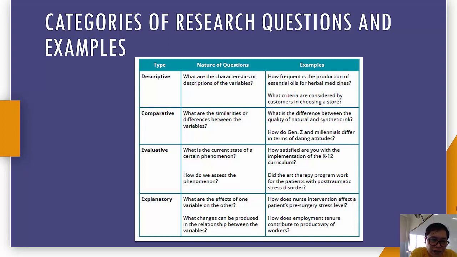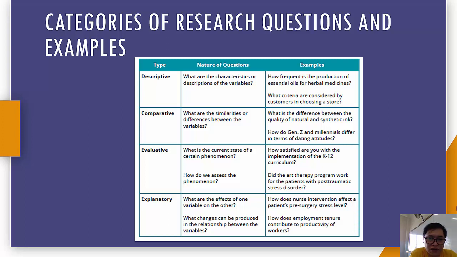And then evaluative, how do we assess the phenomenon? Did the art therapy program work for the patients with post-traumatic stress disorder? Or did the K-12 program work for the students who are, let's say, going to graduate and proceed to college?